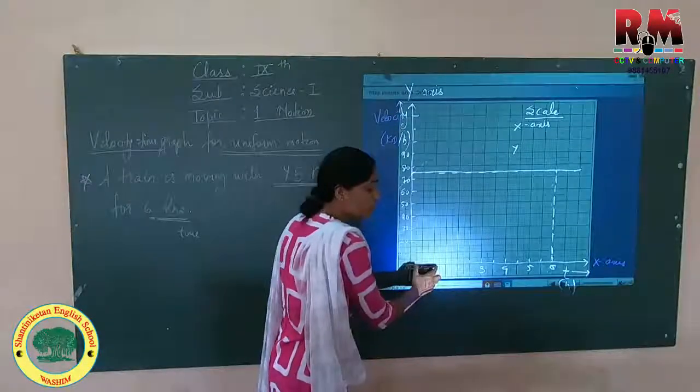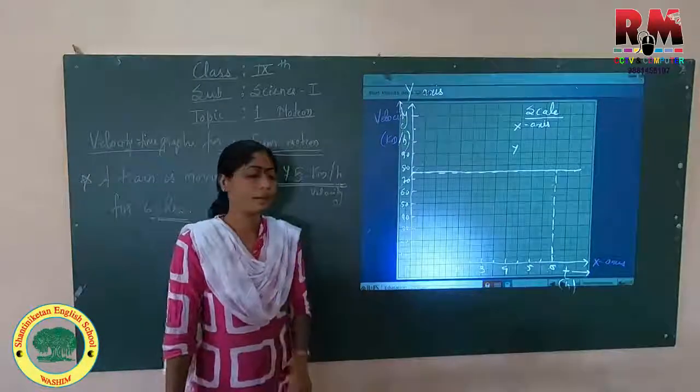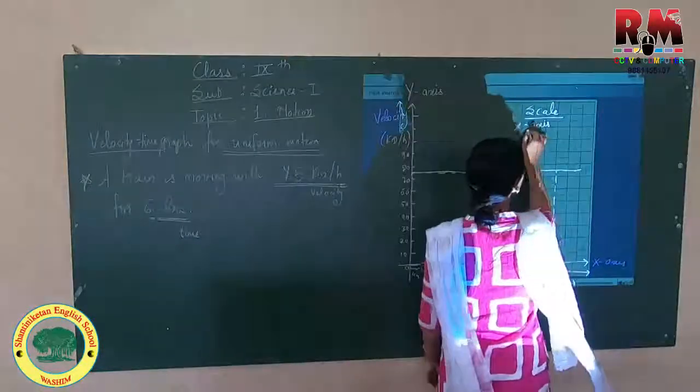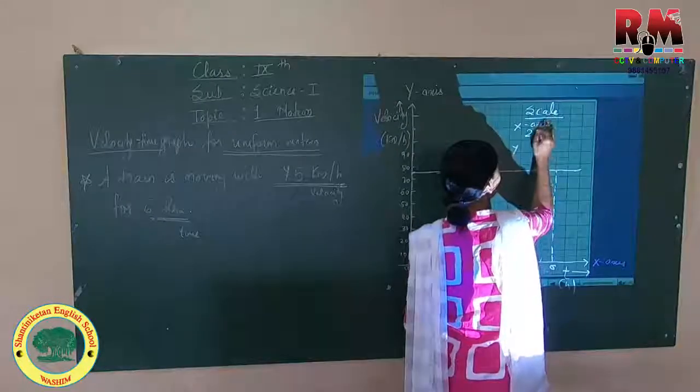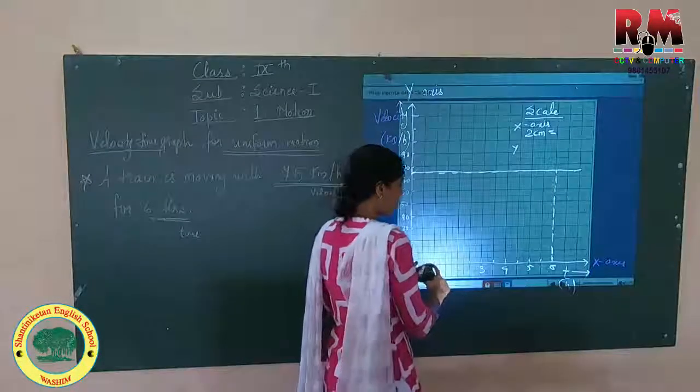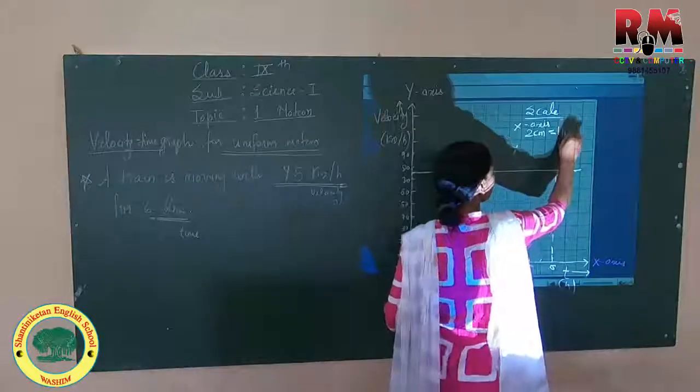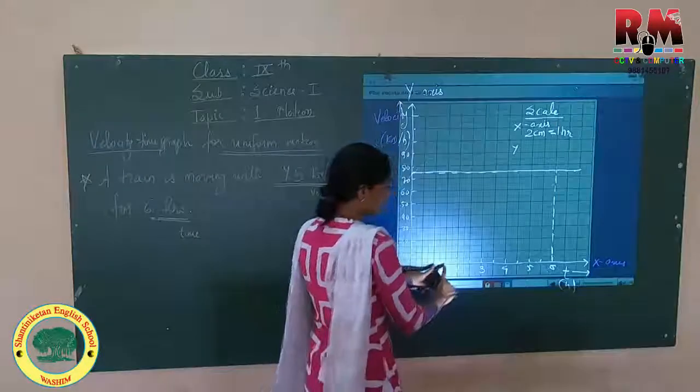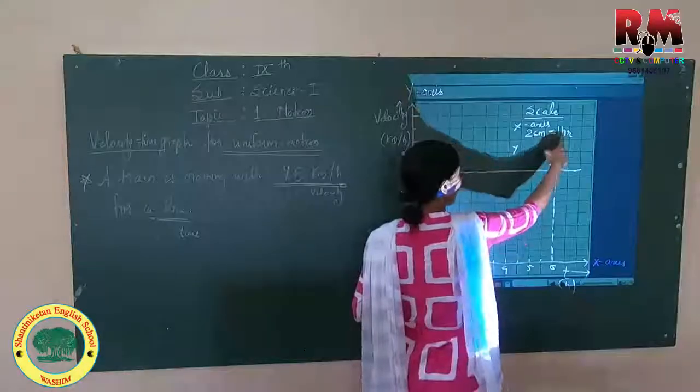So this total is 2 centimeter. 2 centimeter is equal to 1 hour. Let us check this.